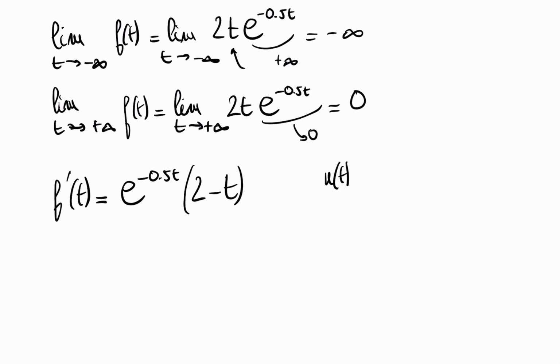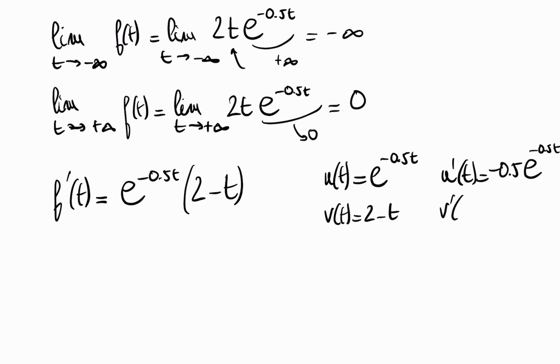So u of t would be e to the minus 0.5t, so therefore u prime of t would be minus 0.5 e to the minus 0.5t, and then v of t would be 2 minus t, so therefore v prime would be minus 1.